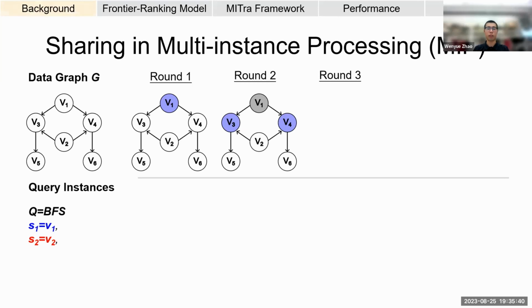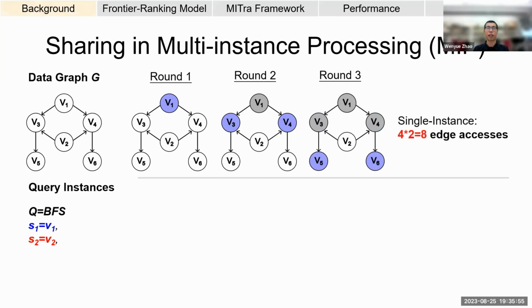In round 3, since vertex V5 and V6 have no outgoing edges, we stop. Afterwards, we run BFS from source vertex V2. In this process, we have 8 edge accesses in total, 4 for each source vertex.